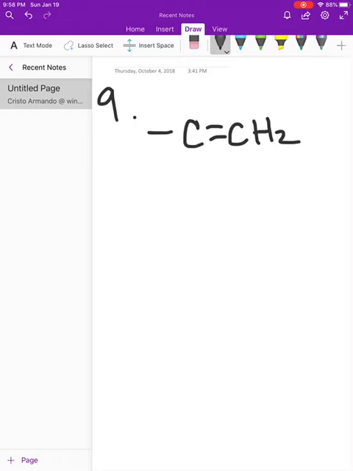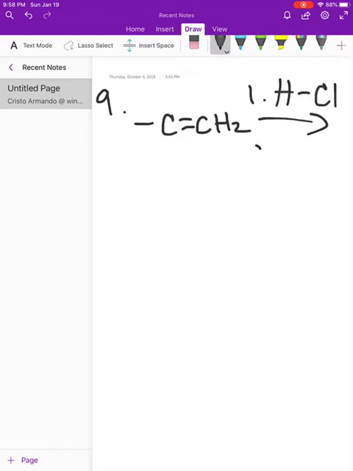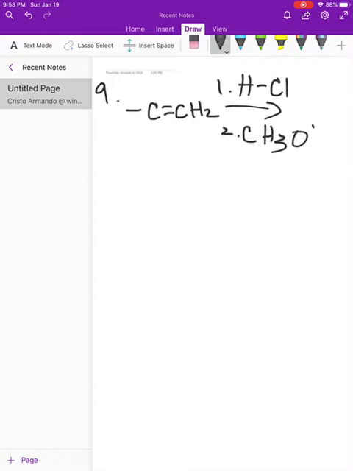We have the same mechanism, because we're again gonna have first our acid catalyst, except this time we're going to be adding this into the mix. So what happens first?